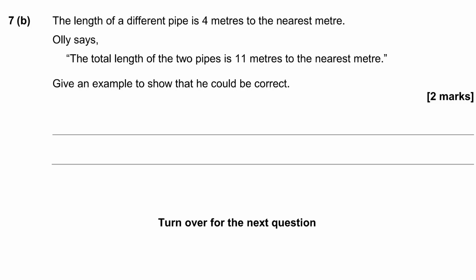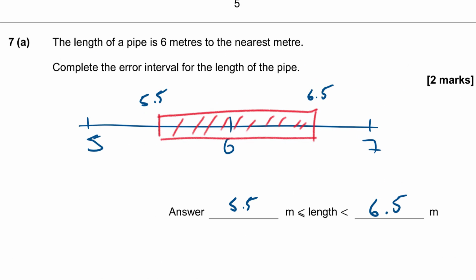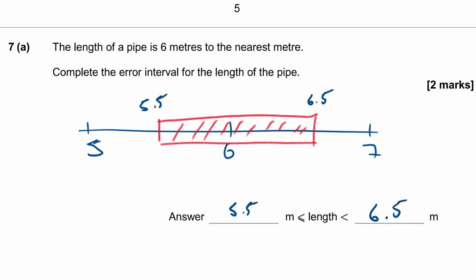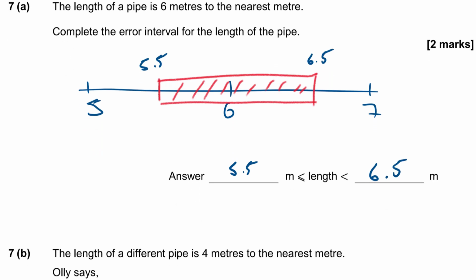Question 7b says the length of a different pipe is 4 meters to the nearest meter. Ollie says the total length of the two pipes is 11 meters to the nearest meter. Give an example to show how he could be correct. Well, we know that the first pipe is between 5.5 and 6.5.